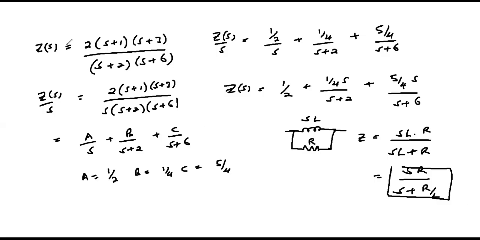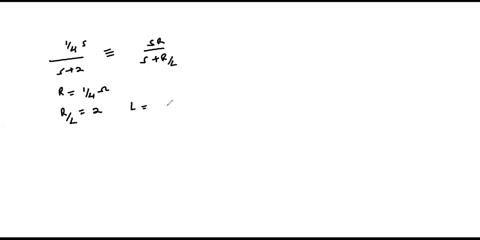Let's take the first part, which is a quarter s over s plus 2. We compare this with sR over s plus R over L, from which you'll notice that R will be a quarter ohms, and R over L is equal to 2. The constant here will be equal to the constant here, from which our L will be R over 2, which gives us 1/8 Henry.